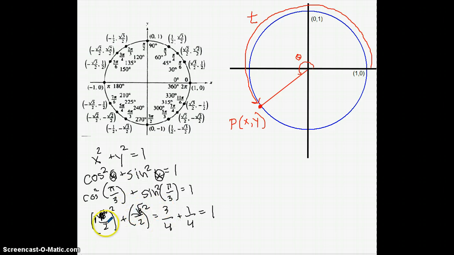A little messy, but okay. 1/2, if I take that and square it, I get 1/4. I take square root of 3 over 2 squared, that I get 3/4, and they add up to 1. So this is basically demonstrating the whole Pythagorean identity. So this should technically be 1/4, and this should be 3. So those were in the wrong order. Okay, but anyway, that's just demonstrating the Pythagorean identity.